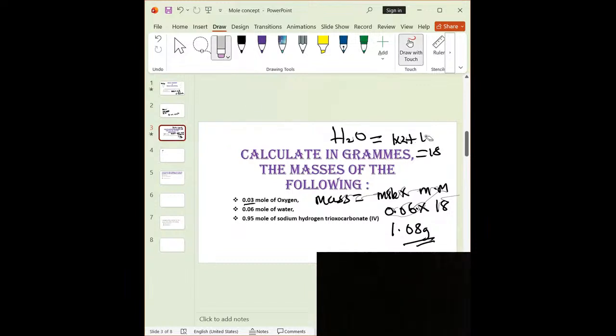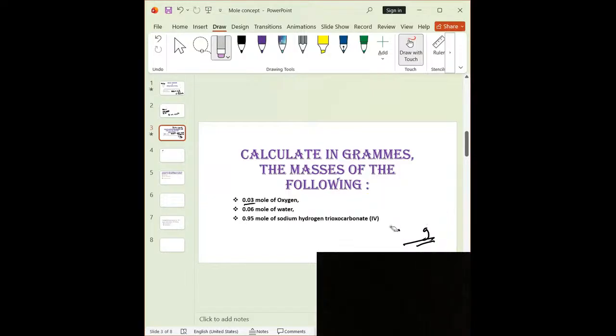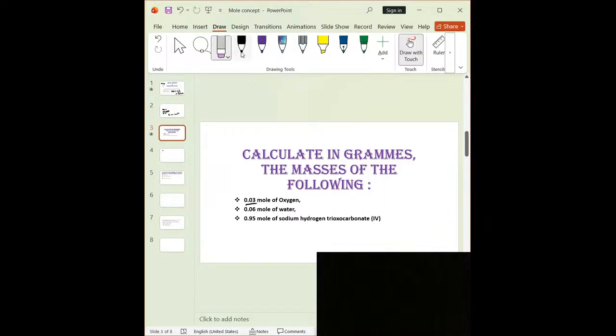Let me clear it first. The first thing you need to do is to interpret the molecular formula of this compound, sodium hydrogen trioxocarbonate. That will be NaHCO3. That's the molecular formula of the compound.